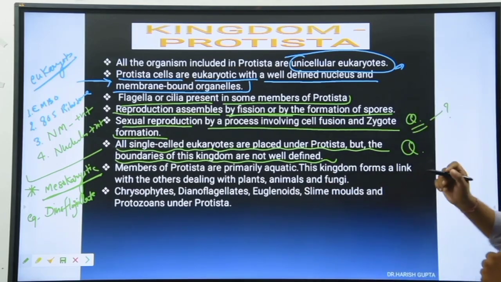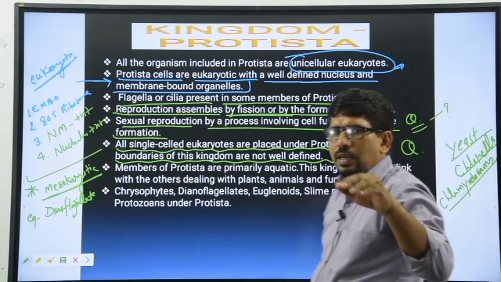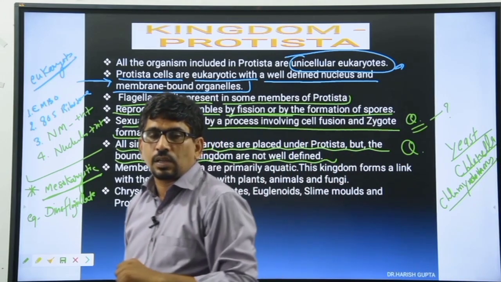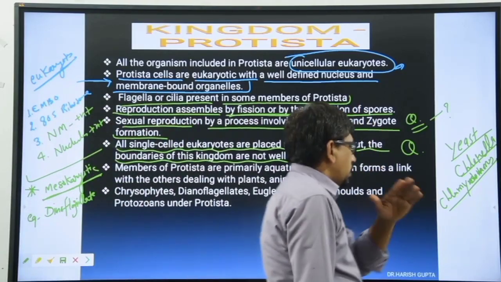For example, we are discussing here a name: yeast, Chlorella, Chlamydomonas. These are the 3 members given in your NCERT book as examples.